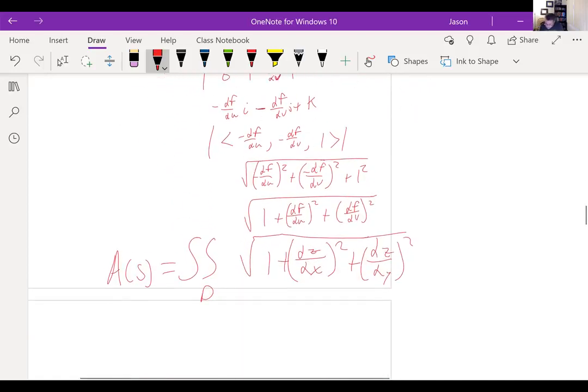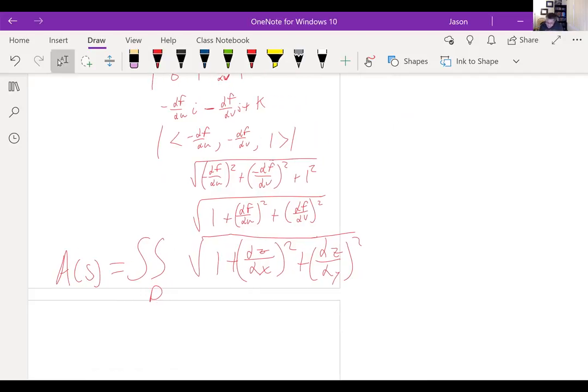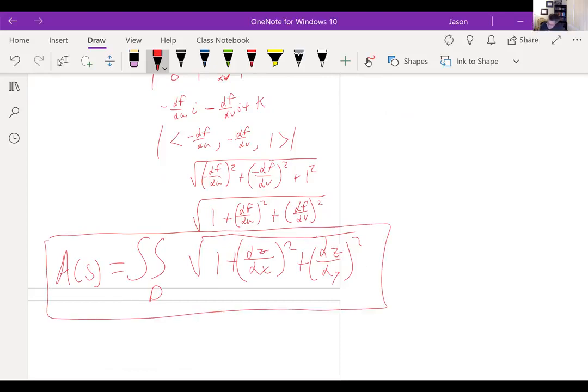Think of this as my surface area formula for a surface z equals some f of x, y. Think of it like we've got some sort of sheet, and we want to find its surface area.